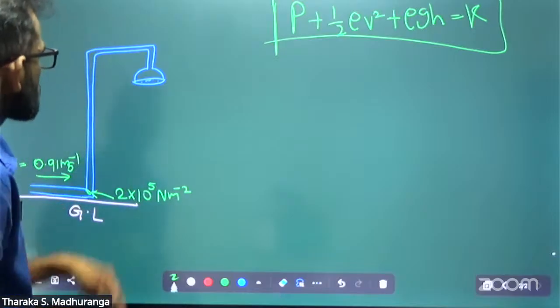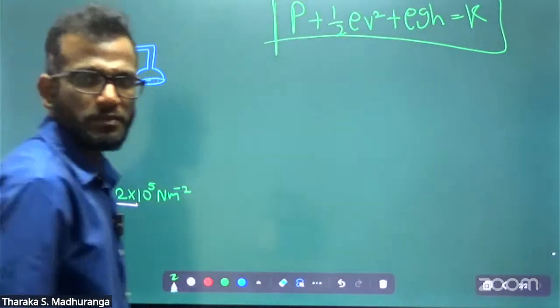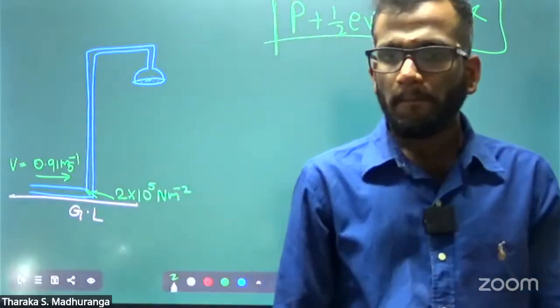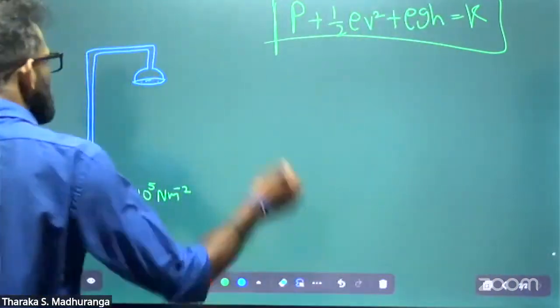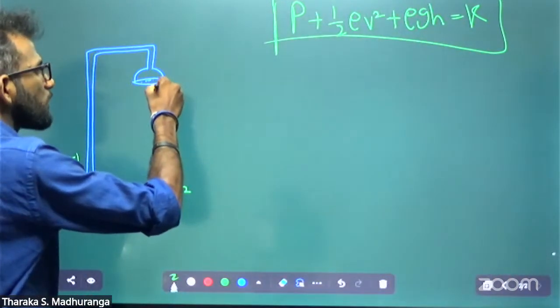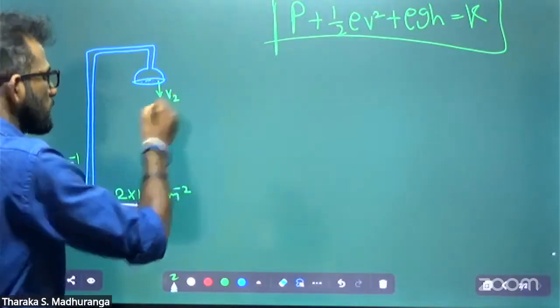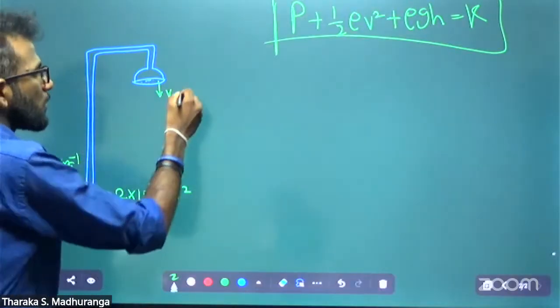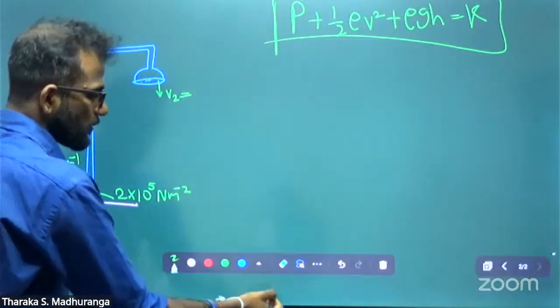This is the pressure. Now, leaving out velocity v2, it is v1 that we found in the previous part.